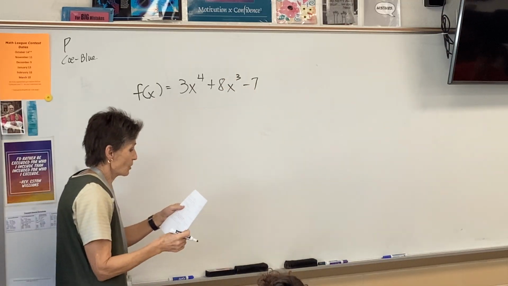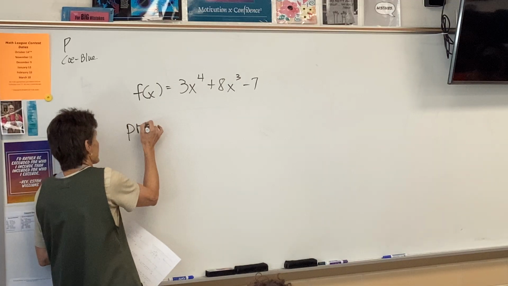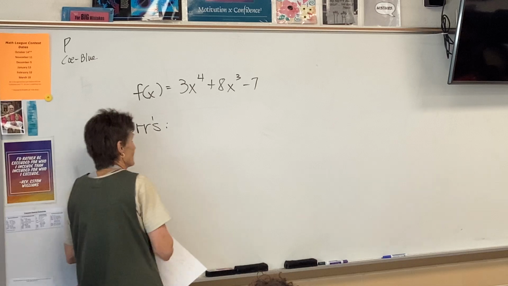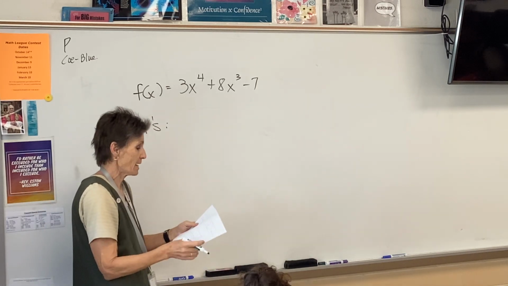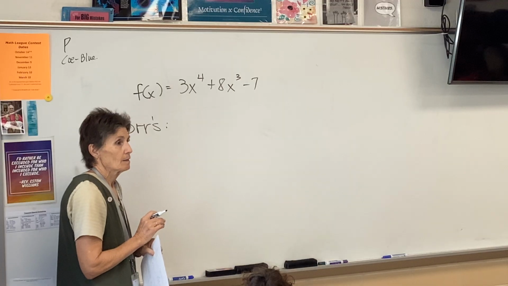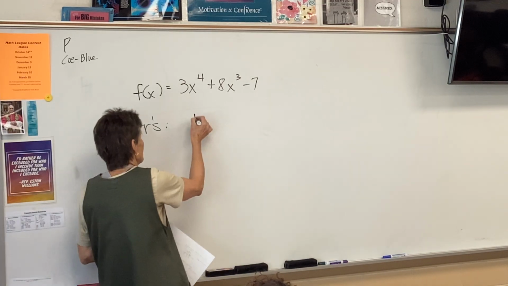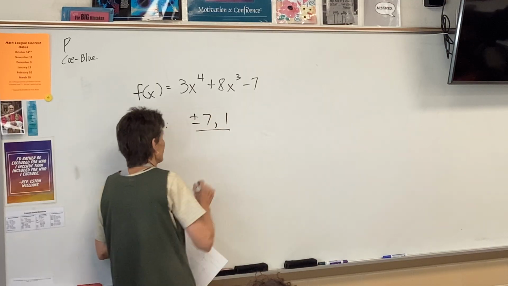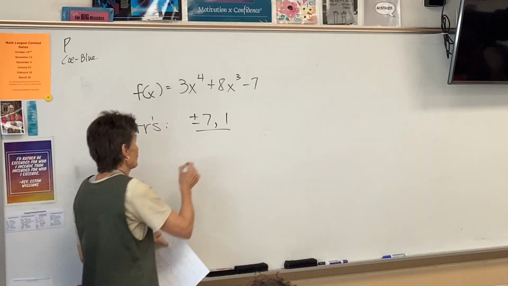All right, so list the possible rational roots. List, so we're gonna make a list. What do we know about our possible rational roots? Factors of 7, which would be just 7 and 1, over factors of 3.